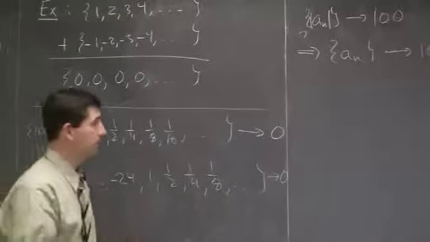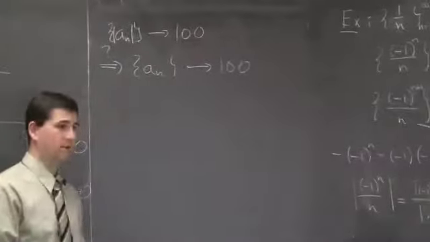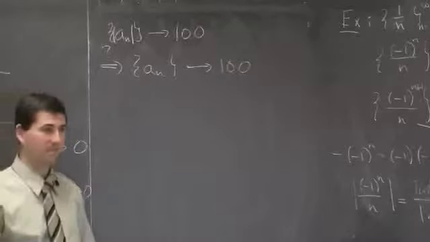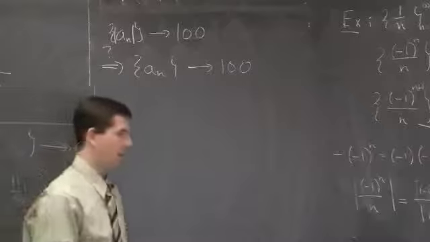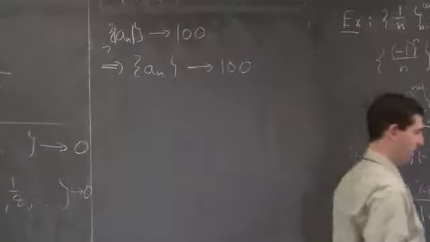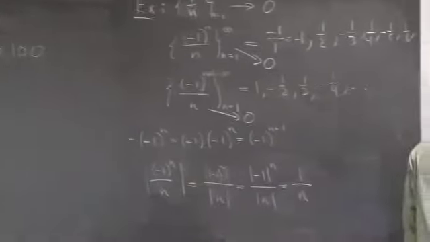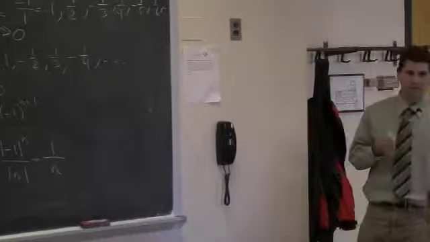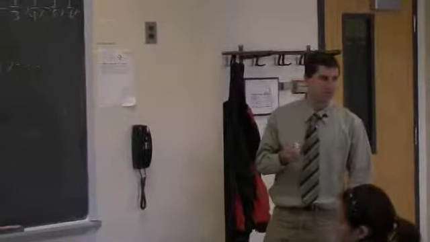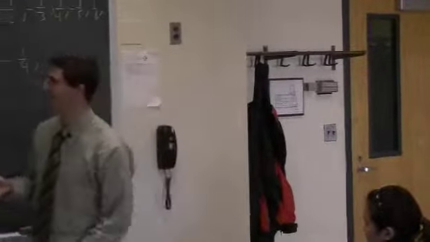Give me an example. Give me a sequence that converges to negative 100. Okay, I like the way you're thinking. So give me the easiest possible sequence that converges to negative 100. Aha!